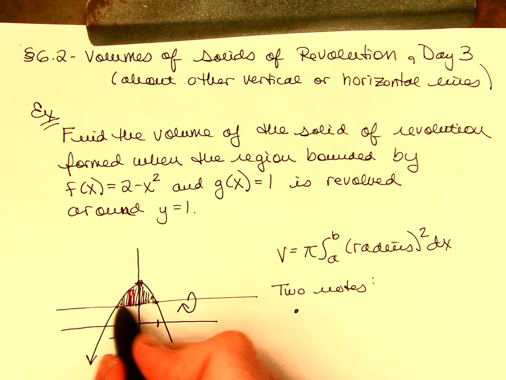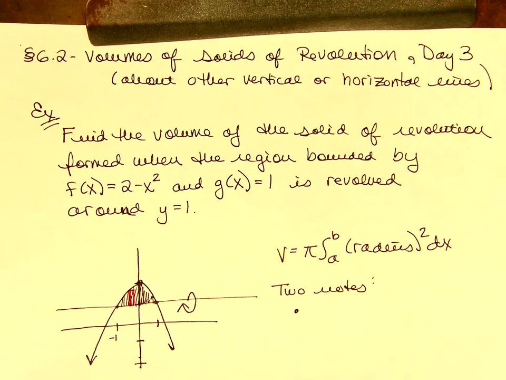To find the height of this rectangle, we're actually going to go back to something we did with our area between two curves, from section 6.1. If I have a vertical rectangle, the height of that rectangle, the radius of this cylinder, is just going to be the top function minus the bottom function.